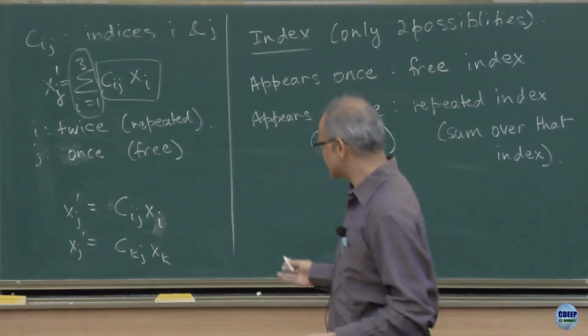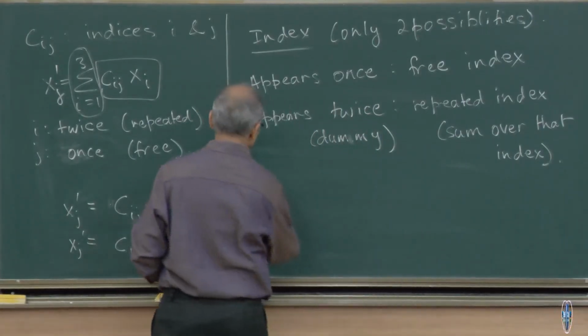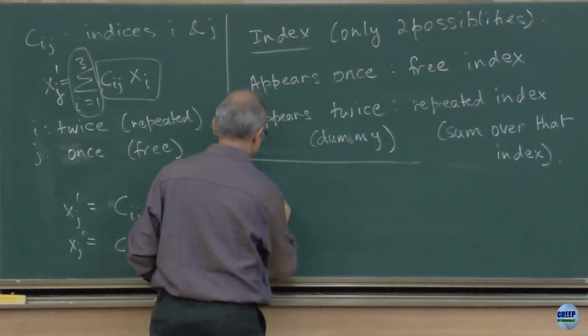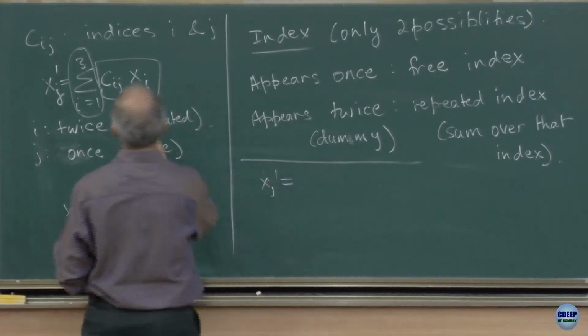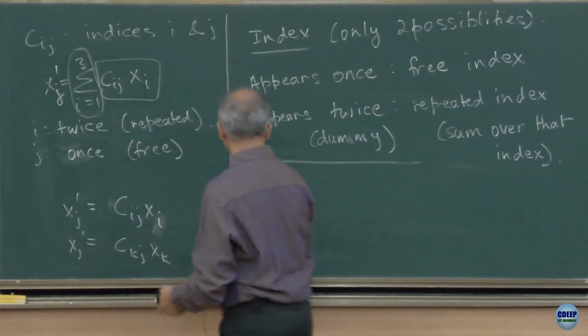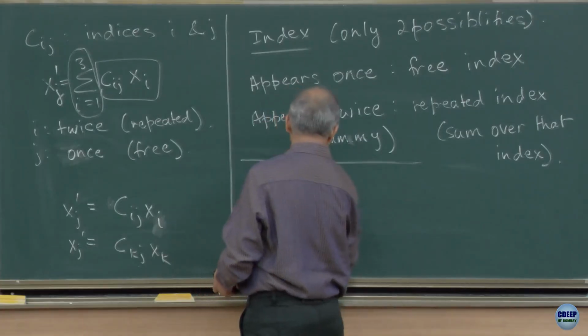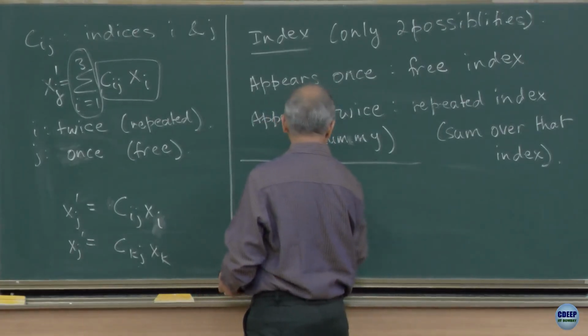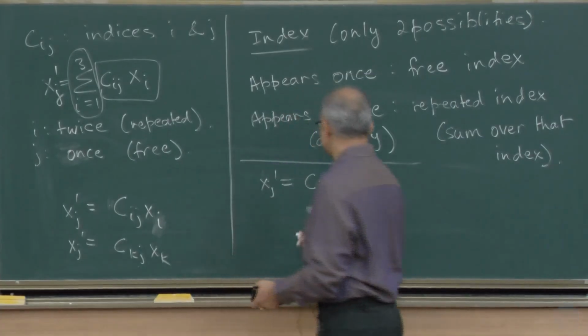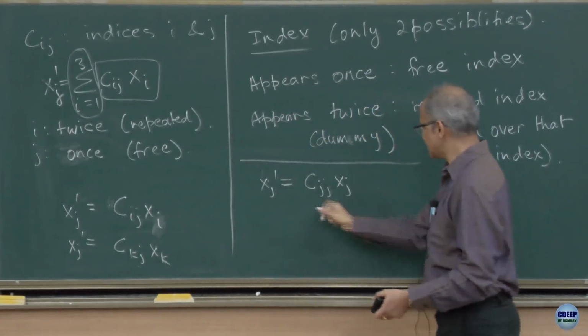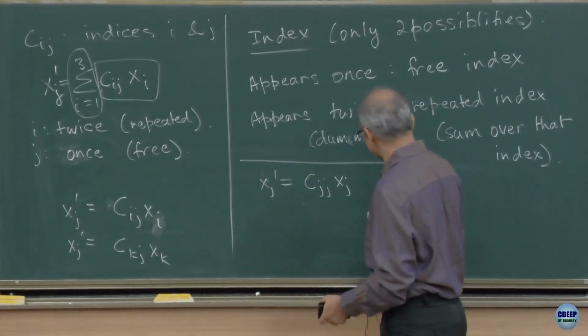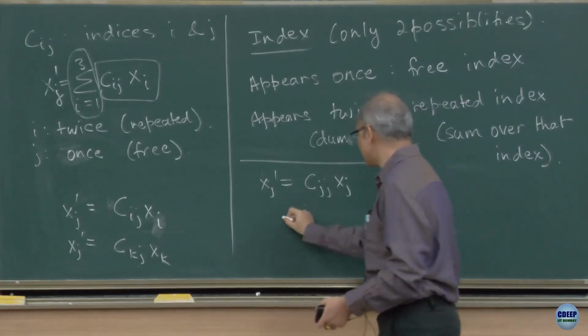And you can see from here, if I write it out as xj prime, we have already seen what these equations mean. But if I write it out as xjj, cjj, xj, this is a mistake, I'm not saying that this is correct, but if I were to write it out, what am I meaning now?